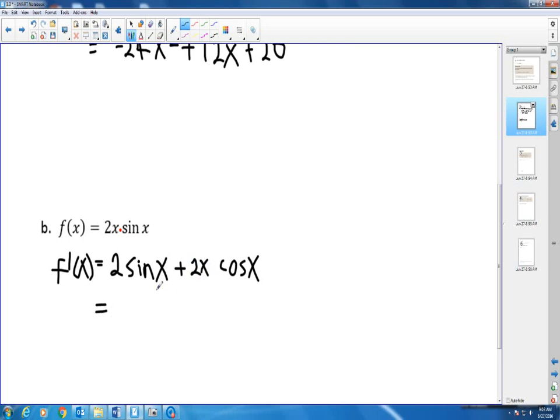Alright, so I can factor out a 2 at least. That will give me 2 times sine x plus x times cosine x. I can leave my answer like this, or I can just factor out the 2.